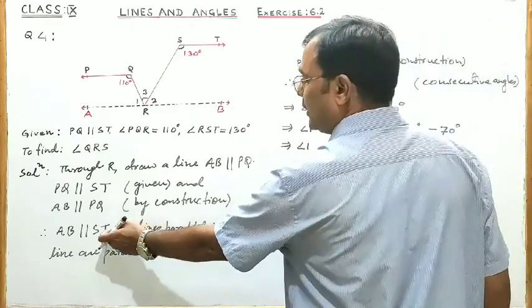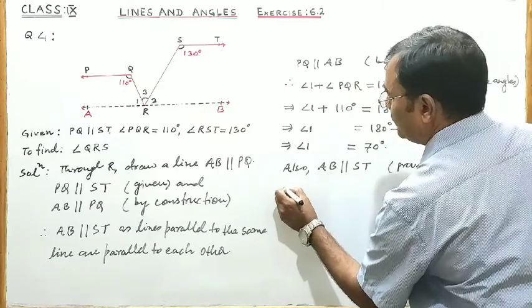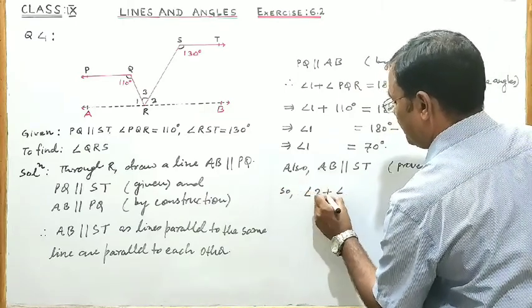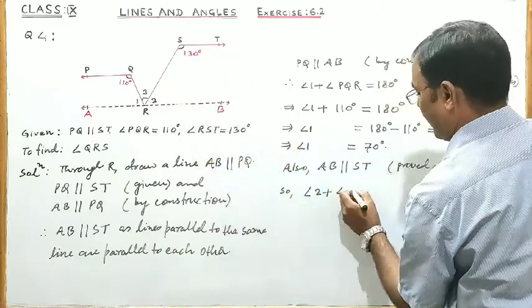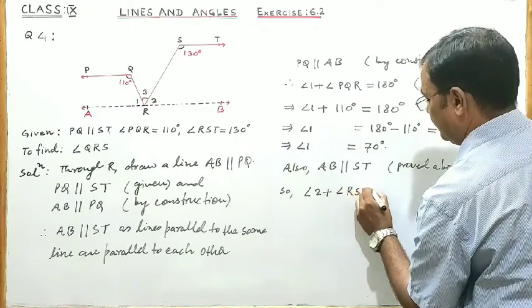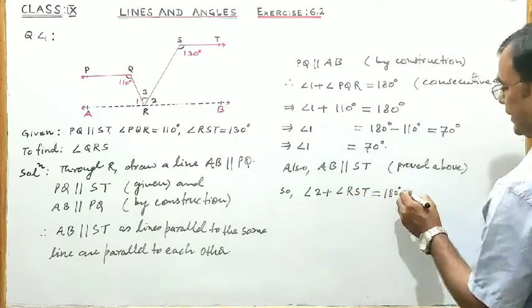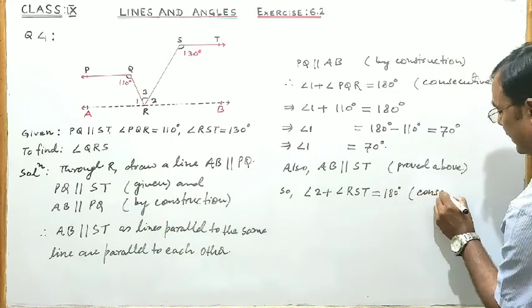Here we have proved that AB is parallel to ST. So angle 2 plus angle RST is equal to 180 degrees because they are consecutive angles.